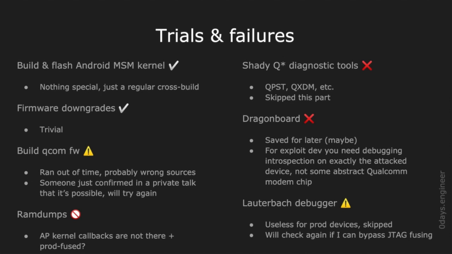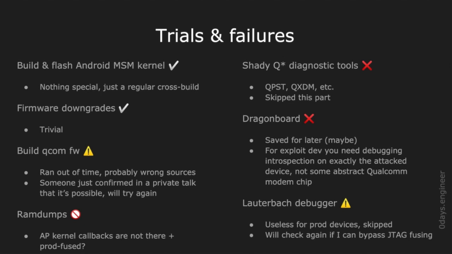Meanwhile, I have tried many different things during this project. The thing that definitely worked is building the MSM kernel; there is nothing special about this, just a regular cross build.